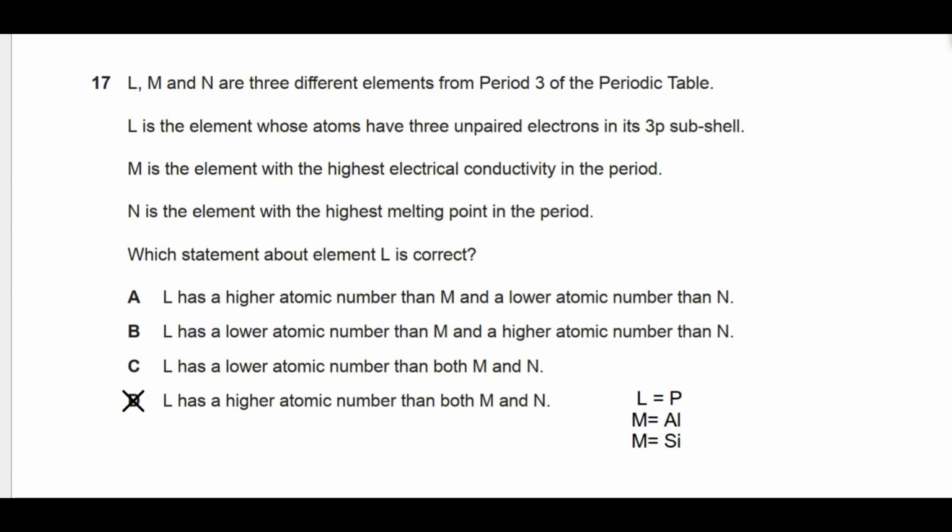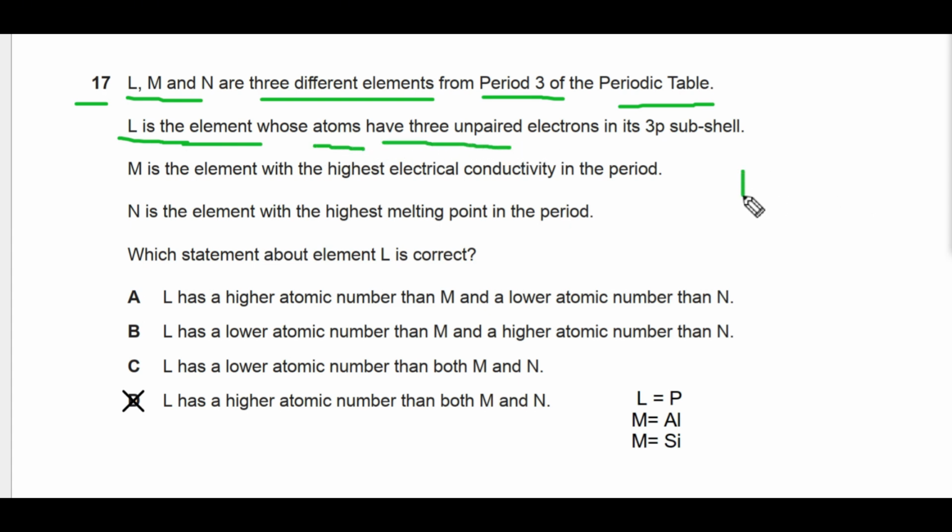17. L, M, N are three different elements from period 3 of the periodic table. L is the element whose atom has 3 unpaired electrons, so L will be phosphorus, because phosphorus has 3 unpaired electrons in 3p, you know.